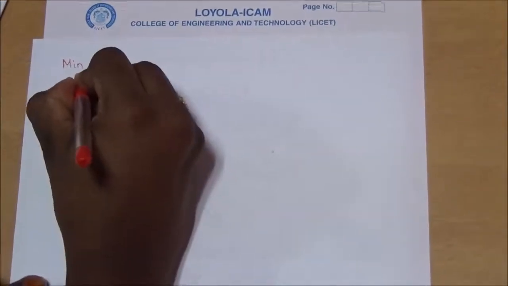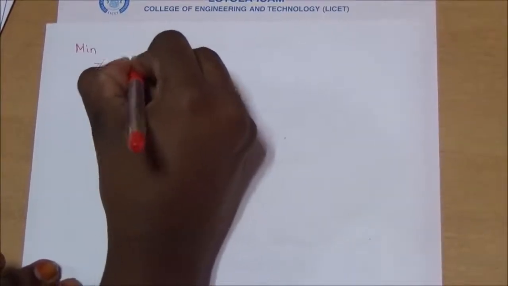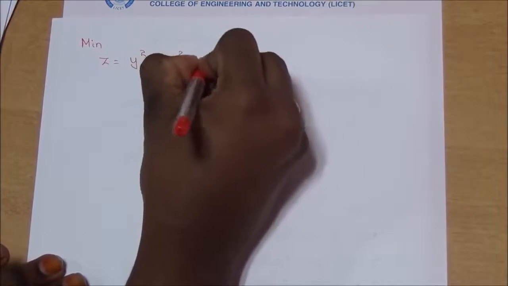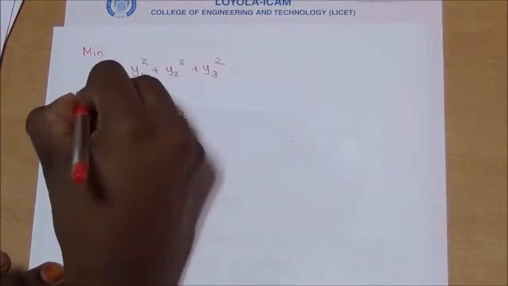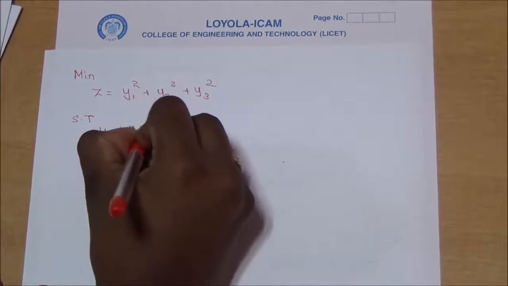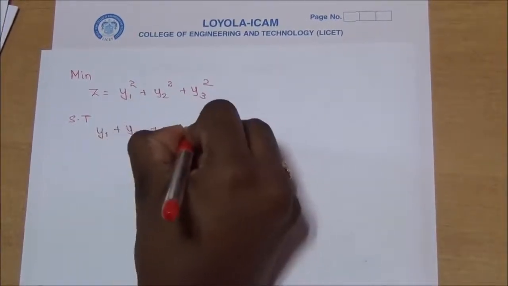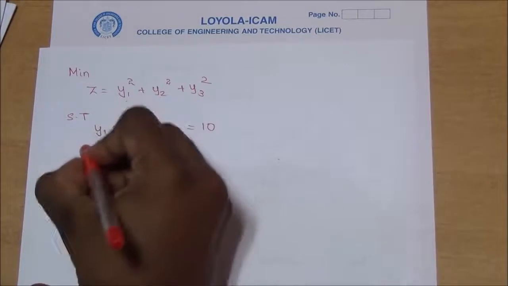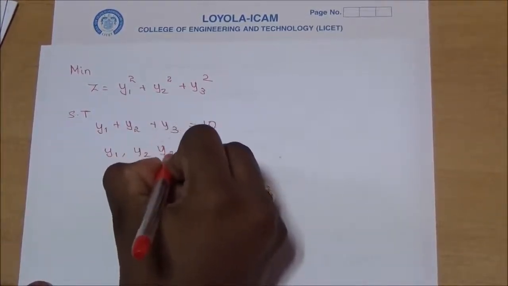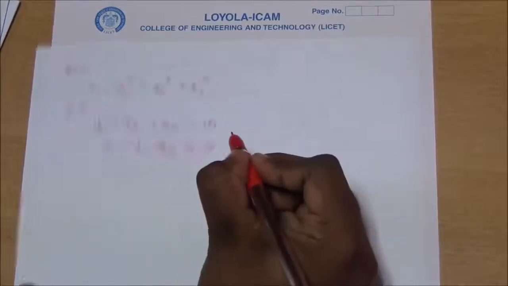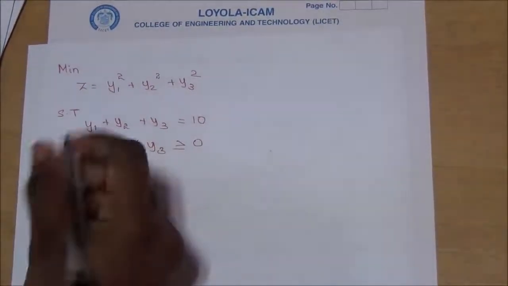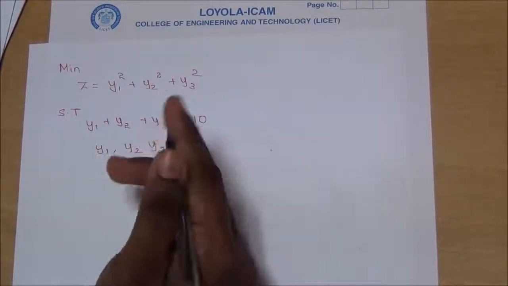But the objective function is z is equal to a continuous variable is equal to t. Then y1, y2, y3 are greater than or equal to 0. Now first of all we have to write the number of stages, states and the objective function.